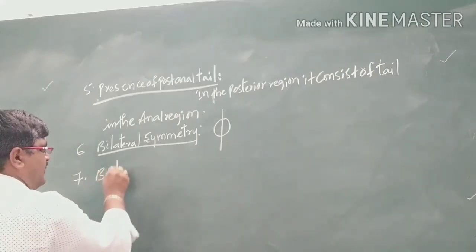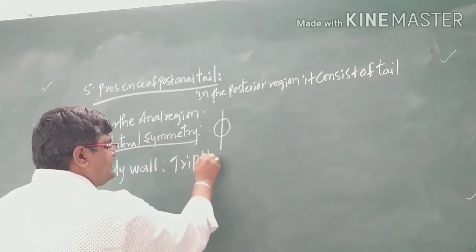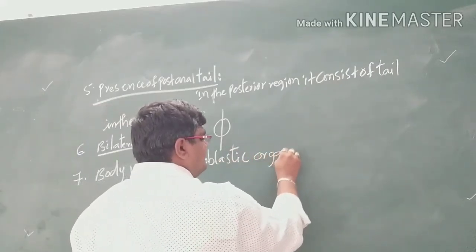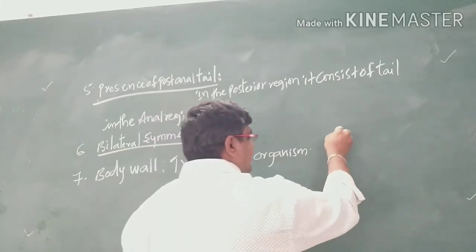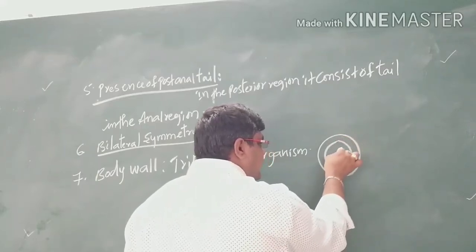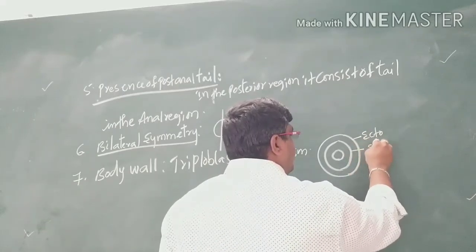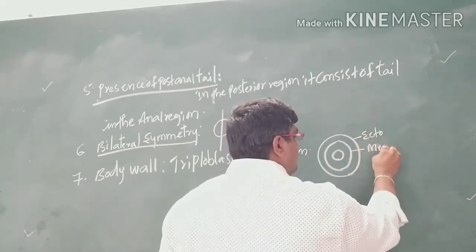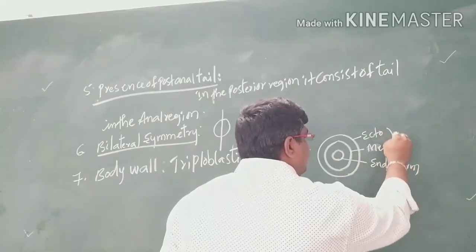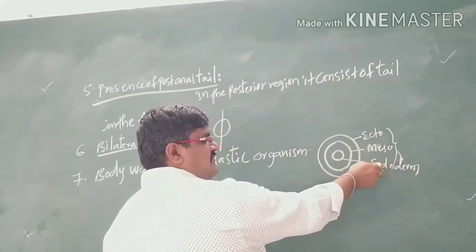Next, the seventh one is the body wall. The body wall shows they are triploblastic organisms. Triploblastic means three germ layers are present: the outer ectoderm, the middle mesoderm and the inner endoderm.